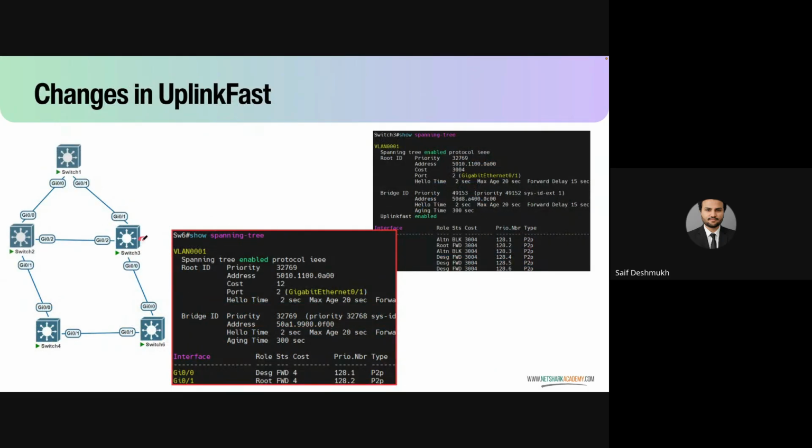On switch 3, switch 6, this was the pathway to the root bridge. Now switch 3 had UplinkFast enabled. The local bridge priority increased to 49,000. The cost of the local interface was 4, and it was increased by 3,000, so that nobody considers me as a preferred pathway.